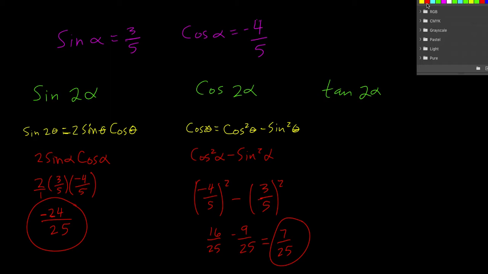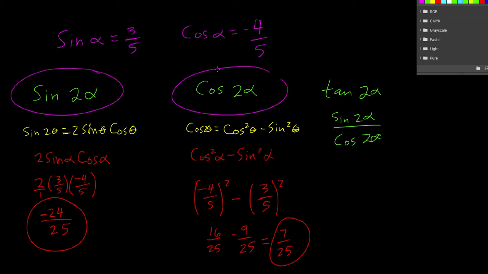And now, for tangent, the first thing we want to do is rewrite it as sine 2 alpha over cosine 2 alpha. Now, luckily, we've already found those, so we're just going to put in those answers.